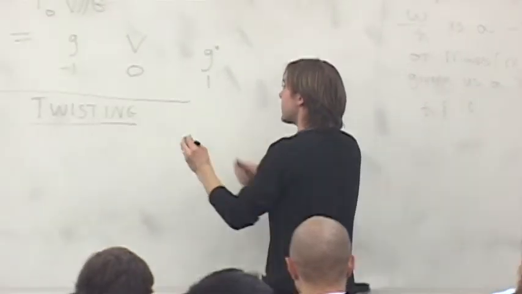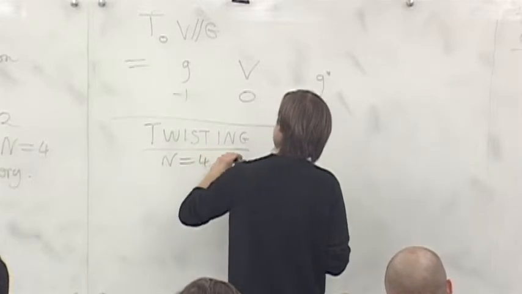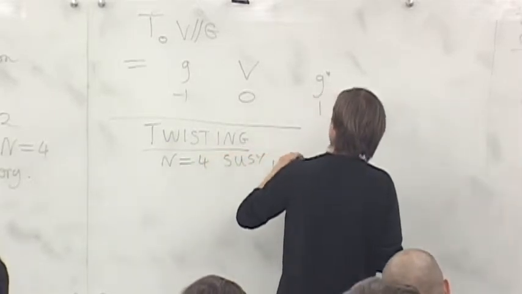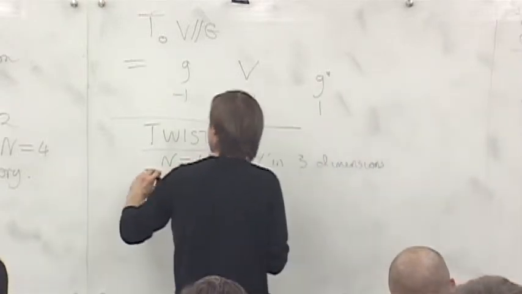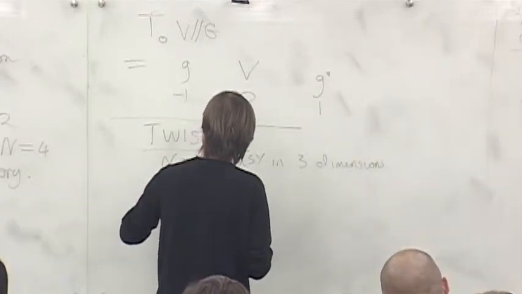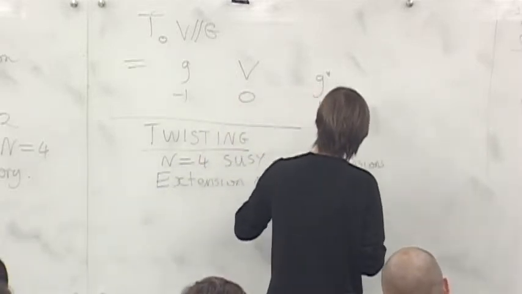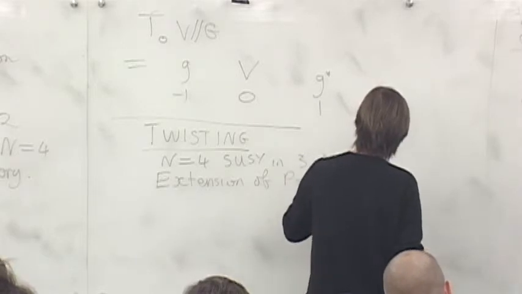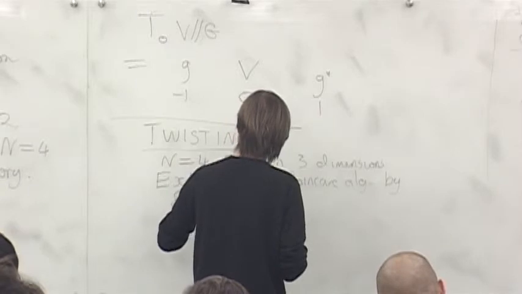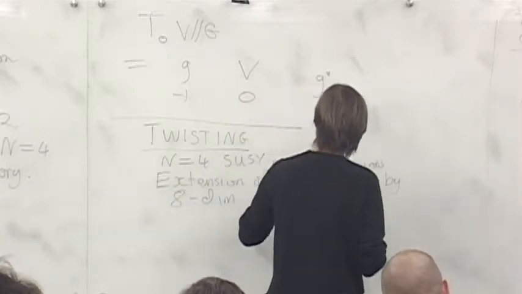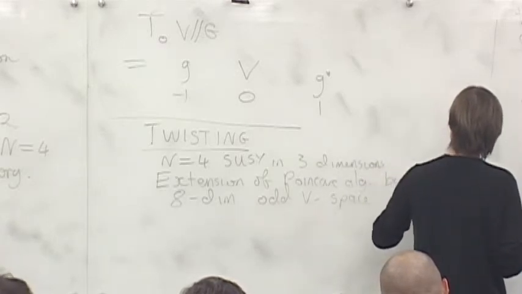So what's twisting? We take N equals 4 supersymmetry in 3 dimensions. As Tudor explained, there's some extension of the Poincare algebra by an 8-dimensional odd vector space, which looks like S tensor C4.